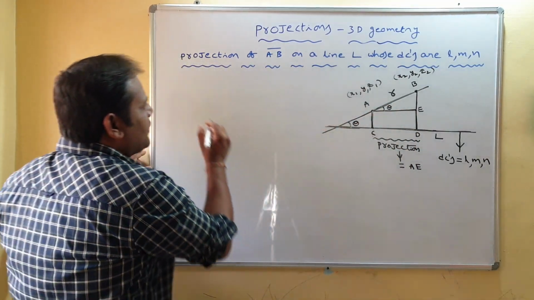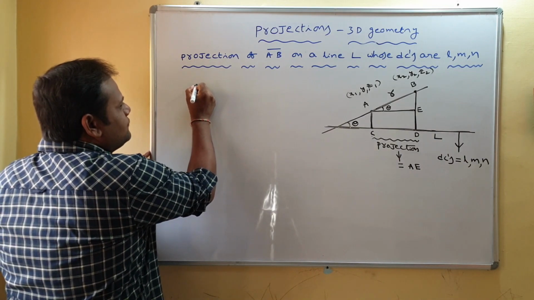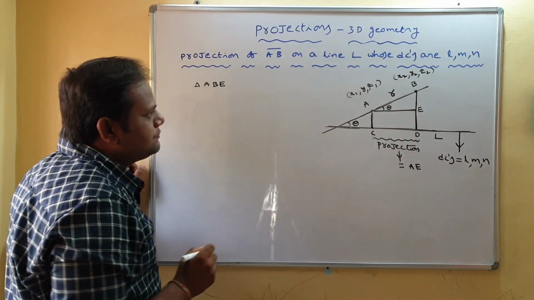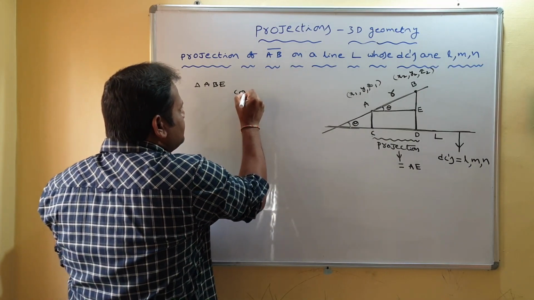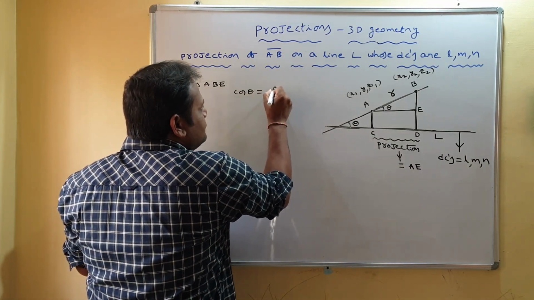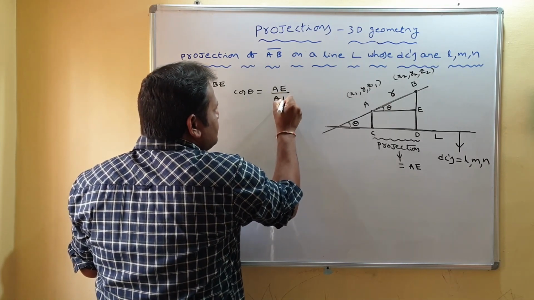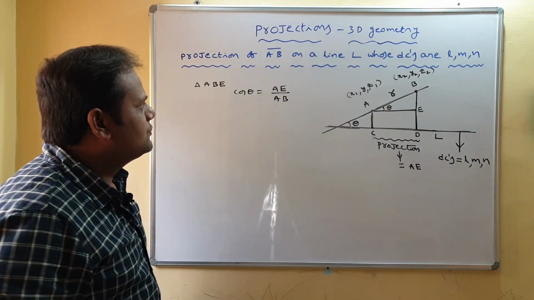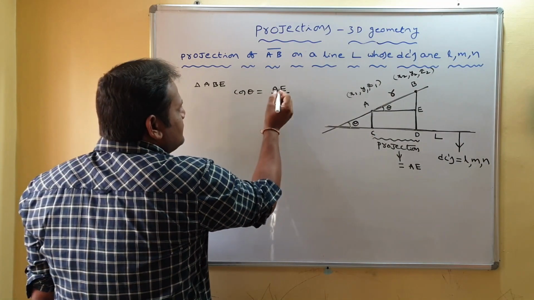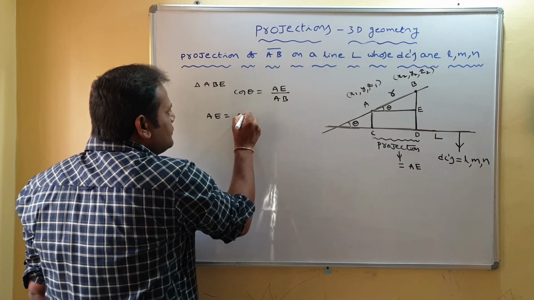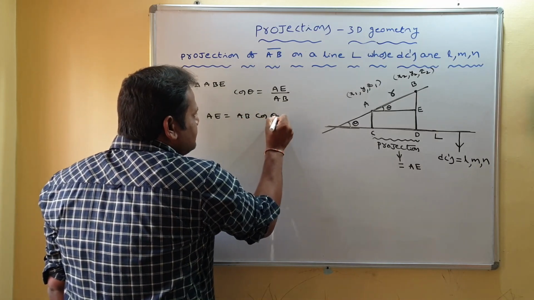See here, from right angle triangle ABE, cos theta is equal to AE by AB. Here we want AE, so AE equals AB cos theta.